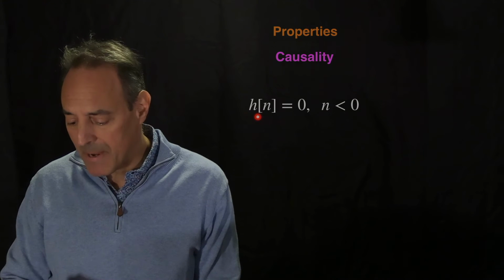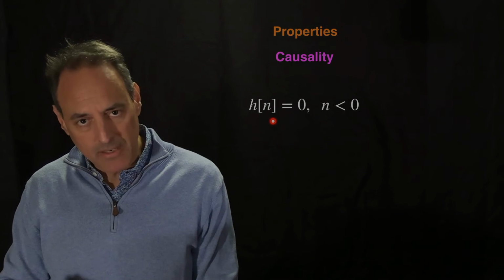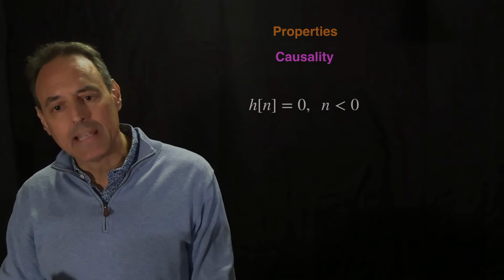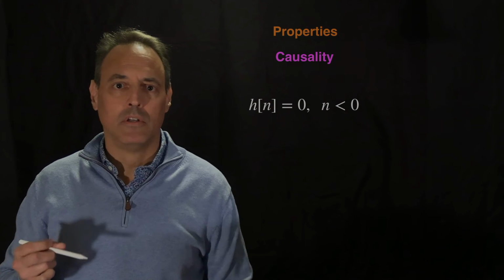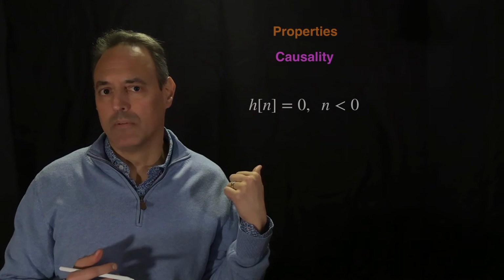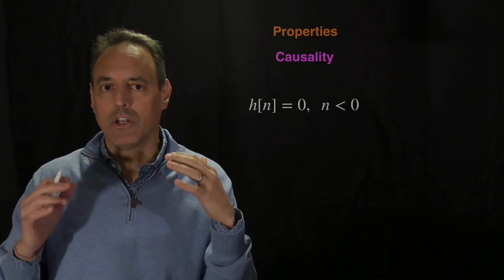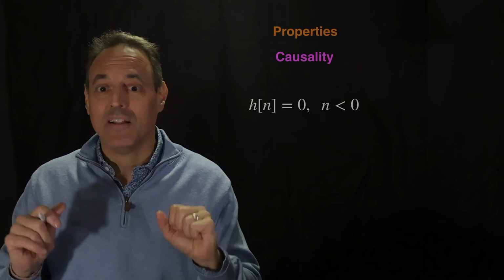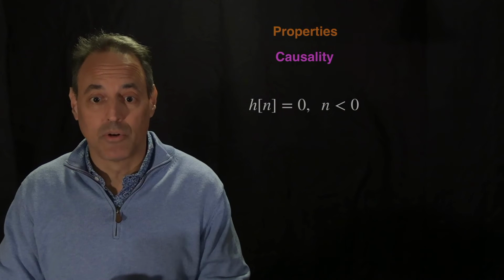So the way I think about this is h of n, which is your response, is 0 for all n less than 0. In other words, it cannot go backwards in time and turn something on. It's important that, when we think about systems in our real world, they have this causality relationship correctly done.